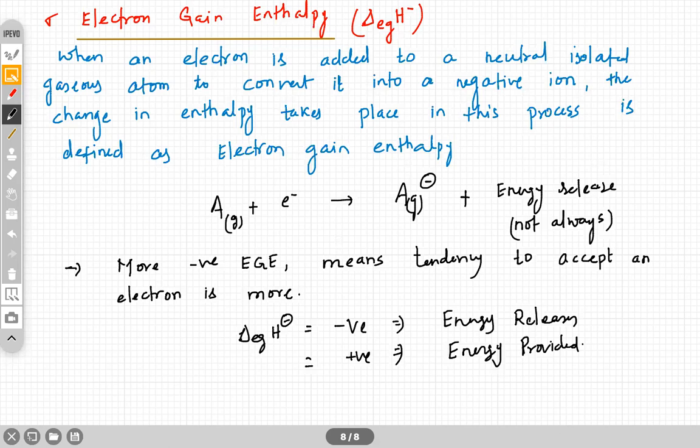How easily an atom can accept an electron is the electron affinity of that atom.